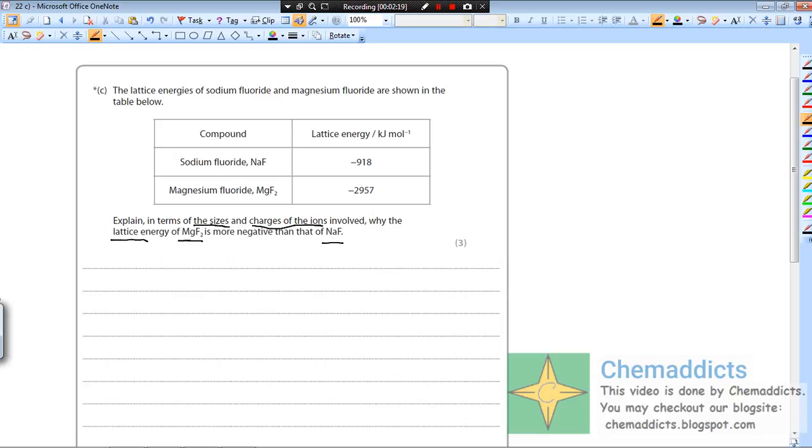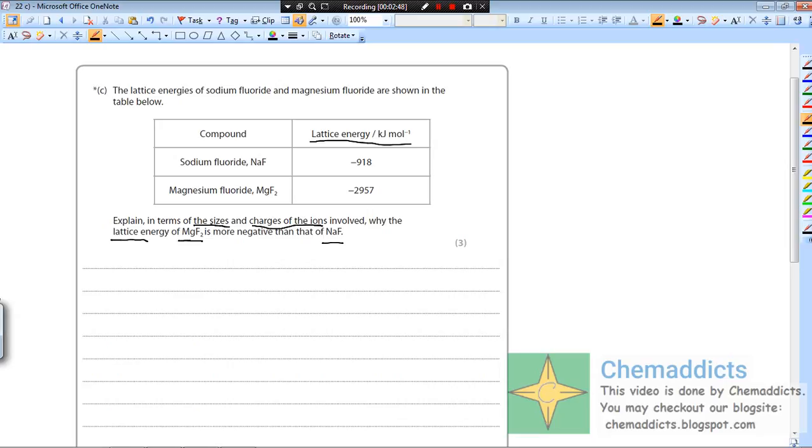Most of the students get confused about this question, since it is really similar to another type of question. Here they have given two different compounds, and they have directly given the lattice energy of these two compounds.